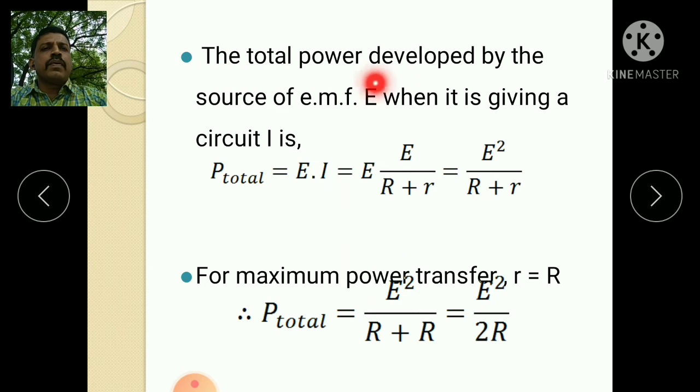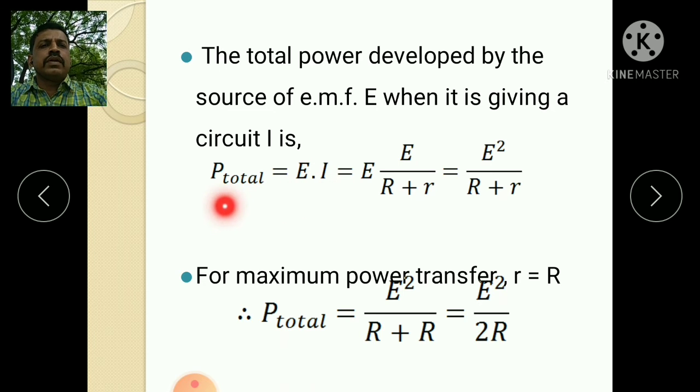The total power developed by the source of EMF E when it is giving a circuit current I is P total equal to E into I, where E is the potential and I is the current.